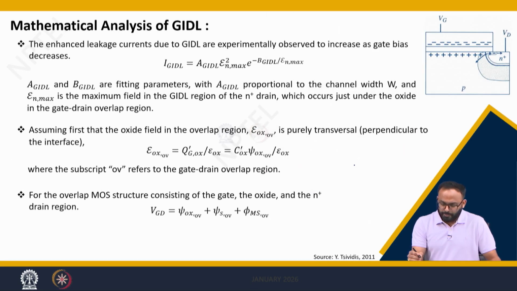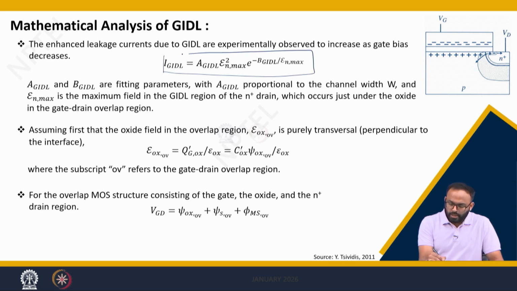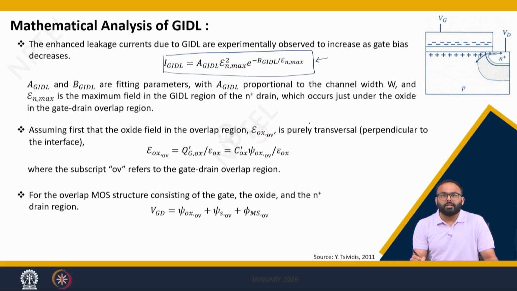Experimentally it is observed that the gate induced drain leakage current is similar to the band to band current, which can be modeled by this equation, where A GIDL and B GIDL are the fitting parameters and E max is the maximum electric field in this region.